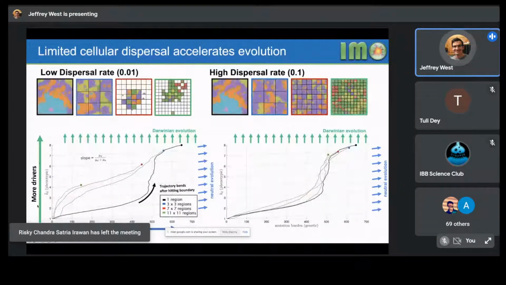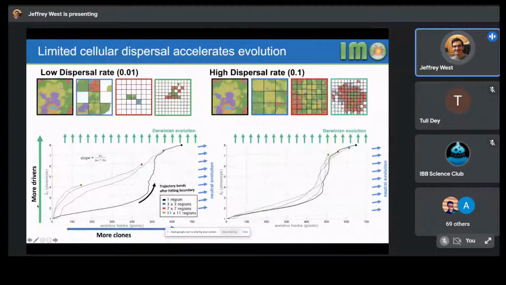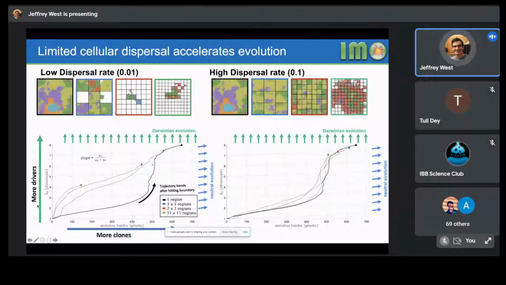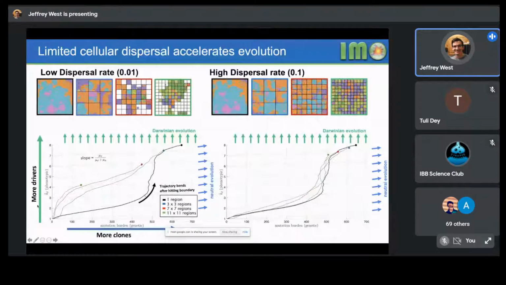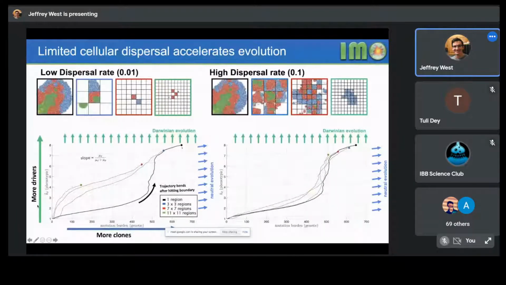That's the number of drivers that have swept through the population. So you can see in black here, this is the single region case. In black, a lot of clones are developed, and then we see an upward turn on the trajectory towards Darwinian evolution, and then a shift to the right again.